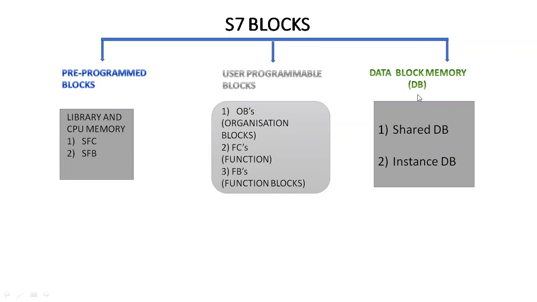Retentive means it retains. Even if there is a power failure, or the machine has stopped for some time, it will store the last value. Whereas bit memory does not store the last value; once you give a reset, it will reset the total RAM memory. Generally bit memory is RAM memory, whereas a data block is ROM memory.